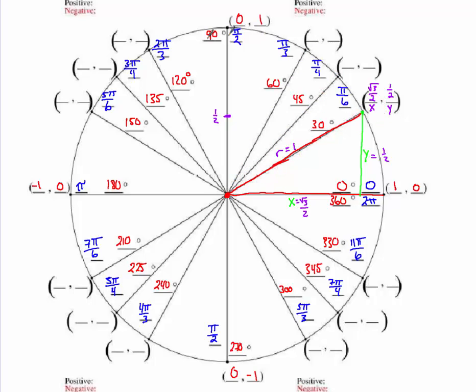So we're going to go around and fill this in pretty fast, and your job is going to be to memorize it. You're going to have a quiz over it where you're going to have to reproduce a blank one. So when we get to 45 degrees and pi over 4, cosine is the square root of 2 over 2, and the sine is the square root of 2 over 2, which is nice because they're the same, so that's easy.